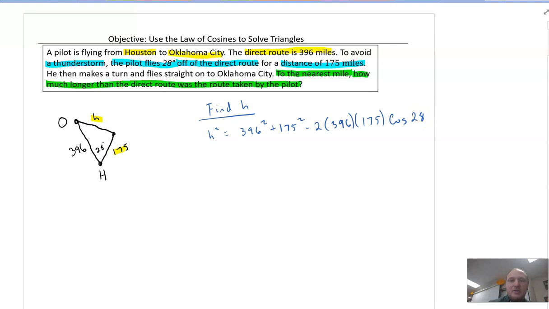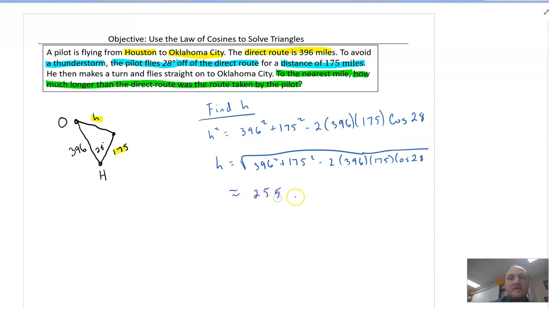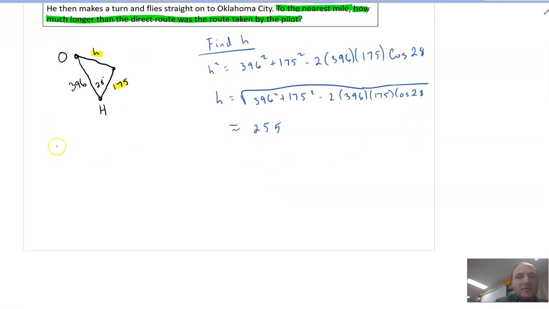So h is equal to the square root of 396 squared plus 175 squared minus 2 times 396 times 175 times cosine of 28. We calculate all of that and we get h is approximately 255 miles.